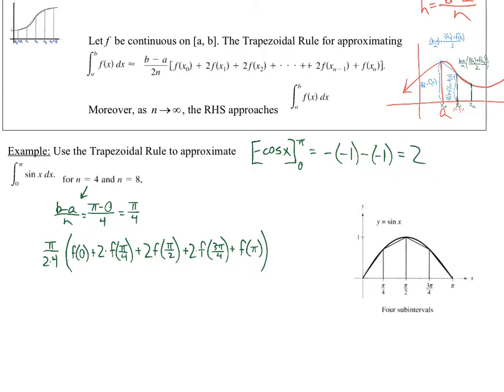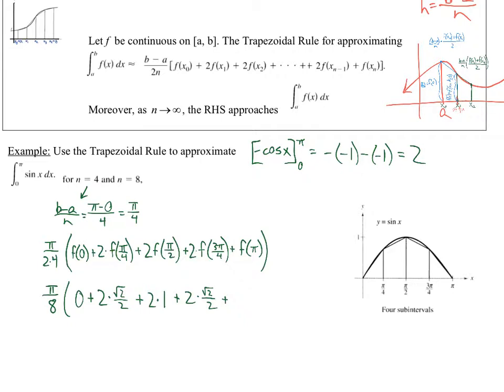Alright, so now it's really just a matter of figuring out, using our unit circle, sine of 0 is 0. What's sine of pi over 4? Root 2 over 2. What's sine of pi over 2? 1. What's sine of 3 pi over 4? That should be root 2 over 2 again.